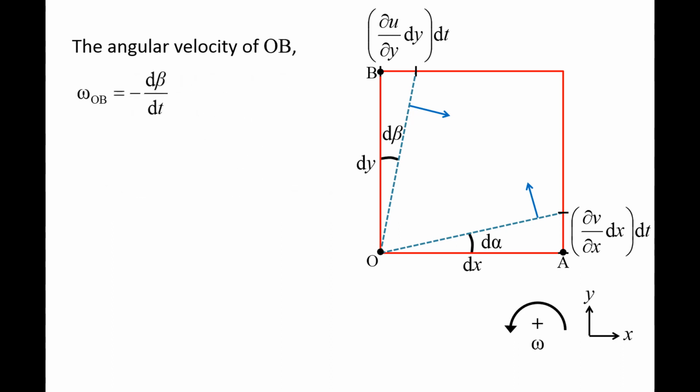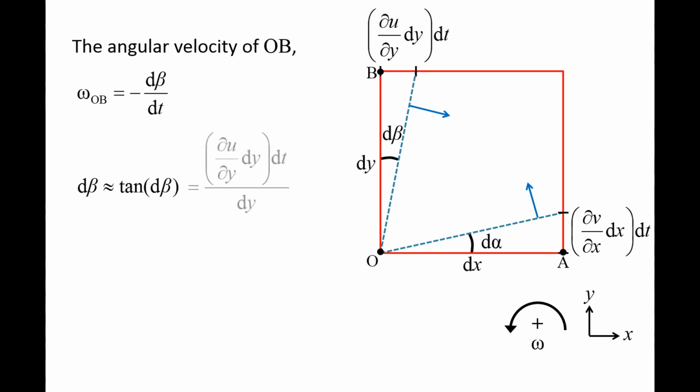Now we examine the angular velocity of side OB, which is the negative time rate of change of angle d beta. We require a negative sign because the side OB is rotating in the clockwise direction, which is the negative direction for the angular velocity. Since d beta is very small, it is approximately equal to the tangent of d beta.